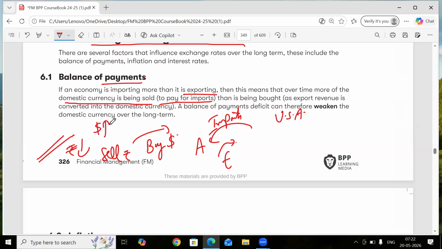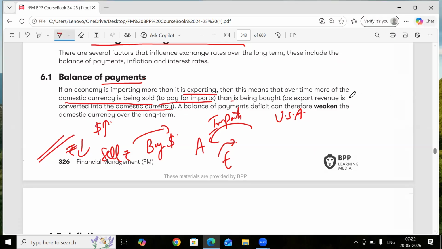Why do you want to buy more dollars? You have to pay to the importers or your foreign suppliers, while export revenues are converted into domestic currency.